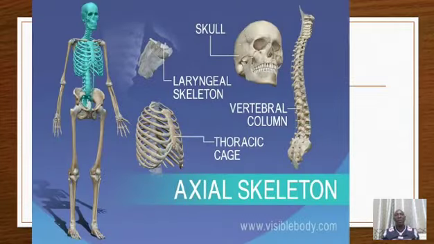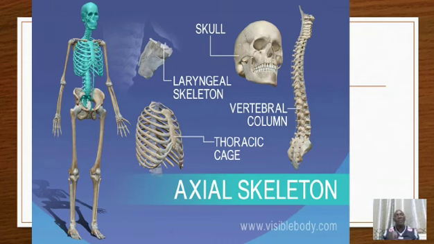Now we begin by looking at the axial skeleton. The image on the left shows the whole of your skeleton, how the bones are arranged in your body. We see part of the skeleton drawn in blue and another part drawn in gray.